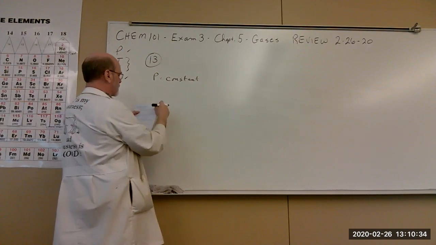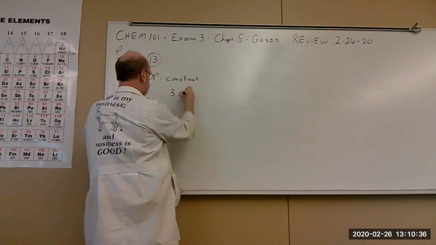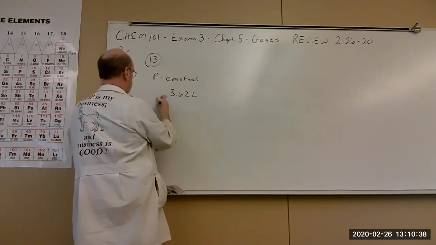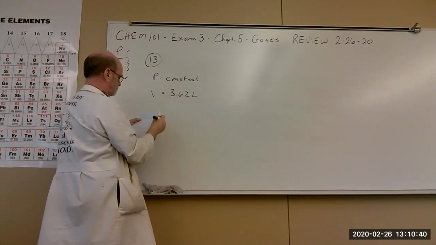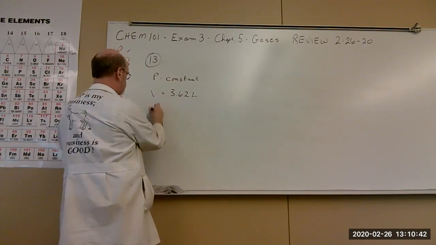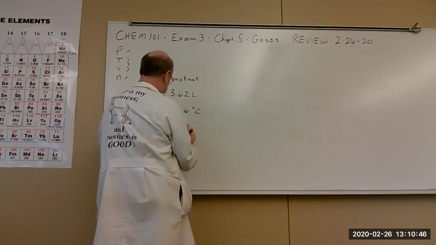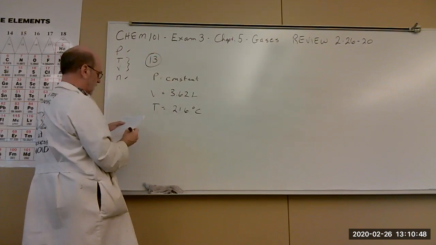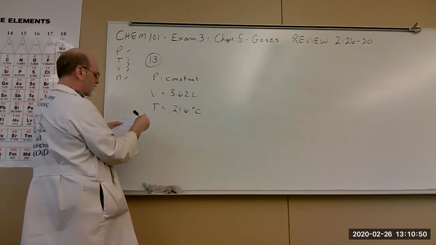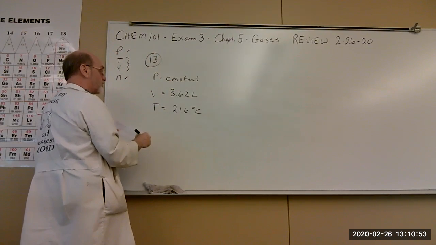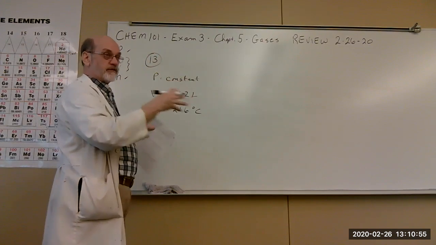Gas occupies 3.62 liters of volume, and the temperature at that volume is 21.6 degrees centigrade. Okay. Determine the temperature at which the volume of the gas is 3.42. So we've got a change in volume.